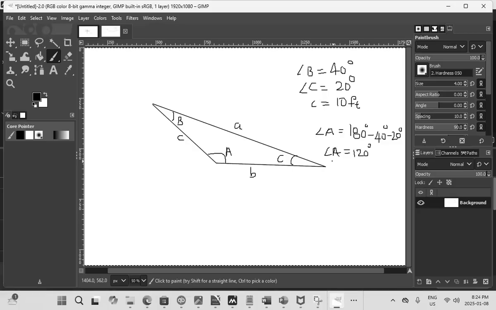Once you have your angle A, which is 120 degrees, you know that your side C is 10 feet.